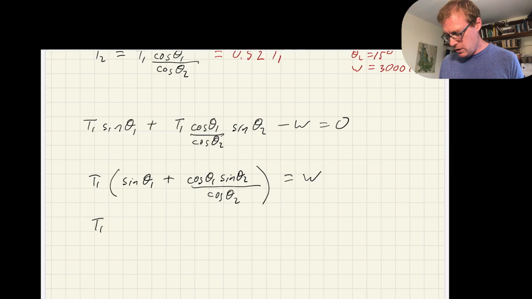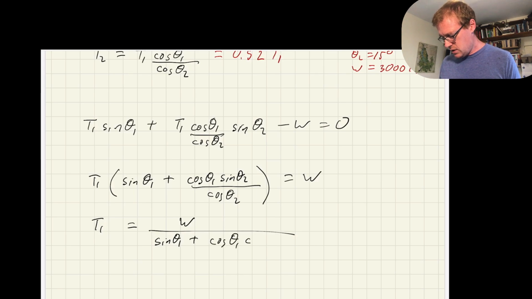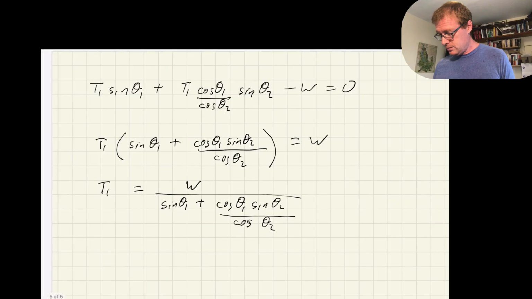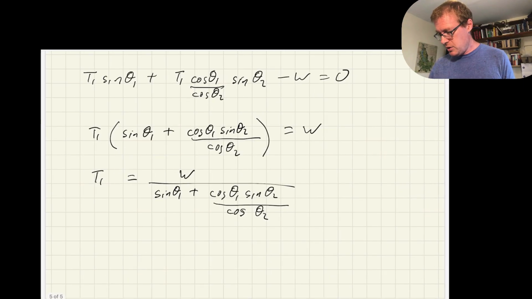I get T1 equals W over sine theta 1 plus cos theta 1 sine theta 2 over cos theta 2. And that's your answer. If we were doing this with numbers, I just have to substitute numbers into this expression.